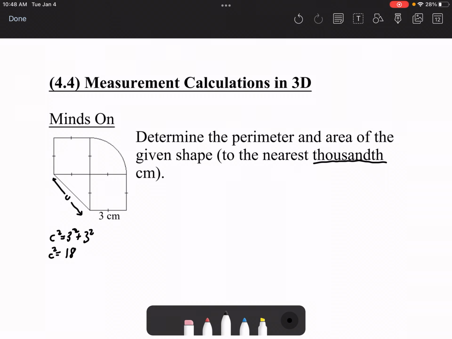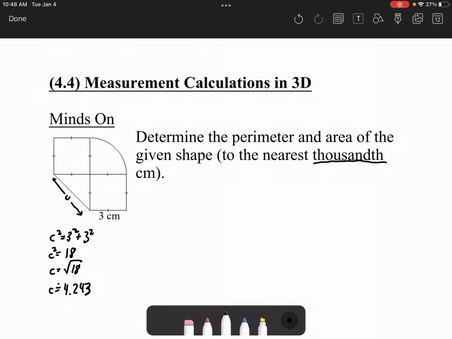That turns out to be 18, so I need the square root of 18, which turns out to be approximately 4.243 to the nearest thousandth.